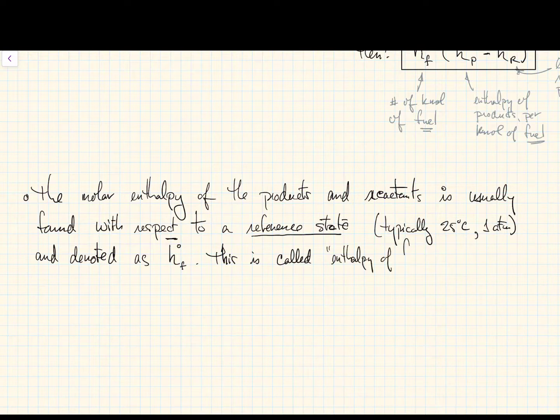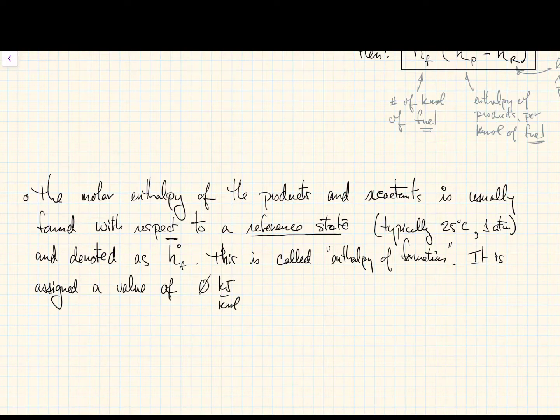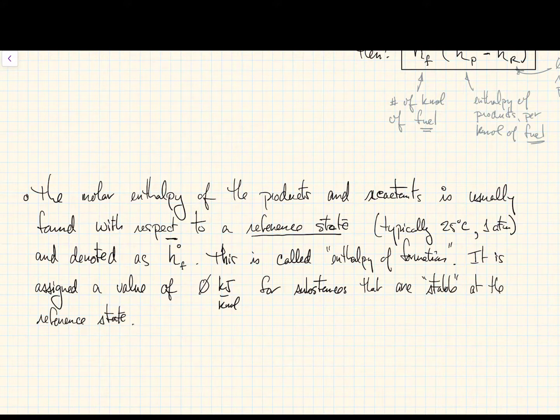That's the enthalpy of formation. And the enthalpy of formation is arbitrarily given the value of 0 at the reference state for substances that are stable at the reference state. For example, the enthalpy of formation of molecular oxygen, O2, and of molecular nitrogen, N2, are both going to be 0 kilojoules per kilomole, as they're found in their natural state in the atmosphere.